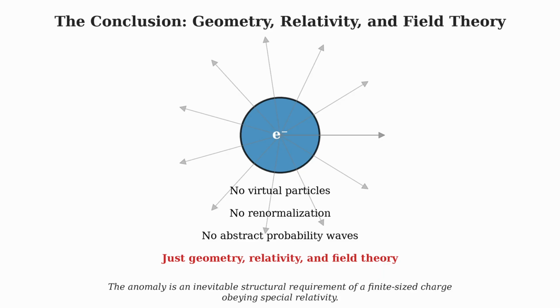No virtual particles, no renormalization of very complex perturbation terms that don't converge and lead to infinities, no abstract probability waves, just geometry, relativity, and field theory. Basically the equations of motion, which Dirac referred to in the 1930s as the ultimate objective of quantum mechanics.